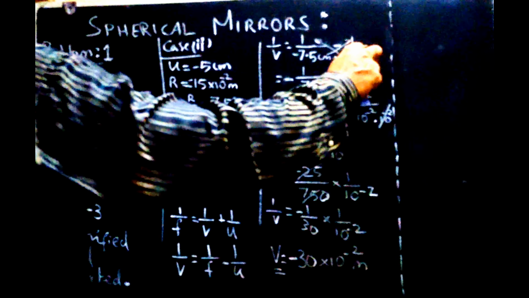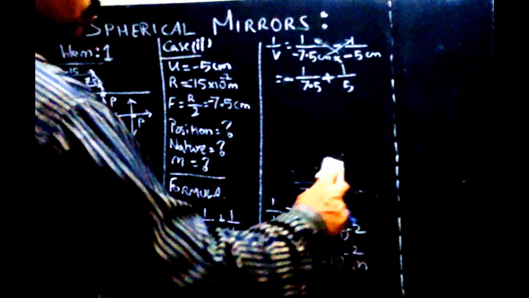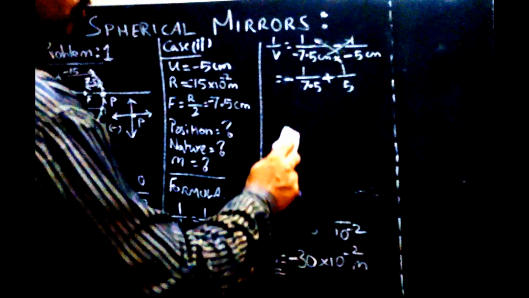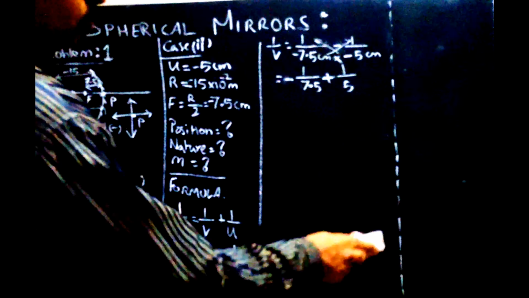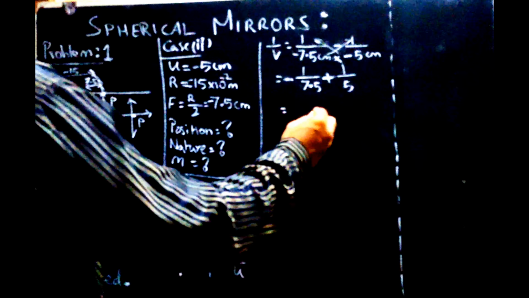If I follow the same LCM, all the process what I have done in the previous case, I am going to do everything. So it is minus 1 by 7.5 plus 1 by 5. Because minus and minus getting cancelled, it is becoming 1 by 5. Now you have to follow the same LCM method which you have taken.